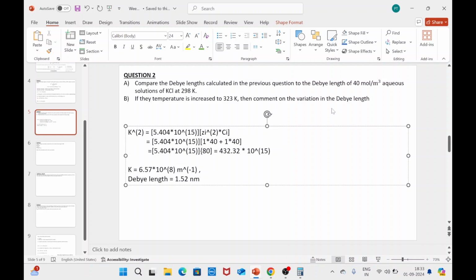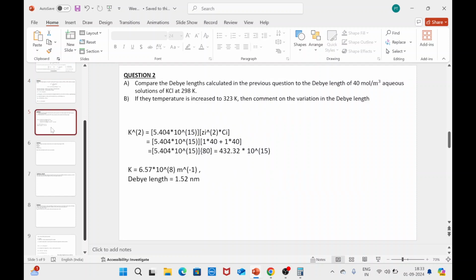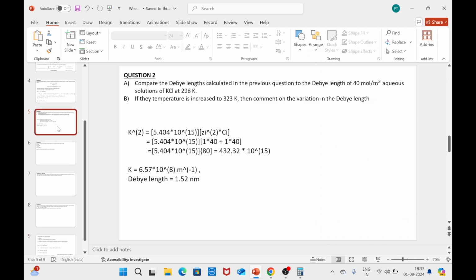If you compare the results, for zinc sulfate at the concentration of 40 mole per meter cube, we got 0.76 nanometers. Or you can say at the same concentration of 40 mole per meter cube, KCl had a greater Debye length compared to zinc sulfate, which had 0.76 nanometers.